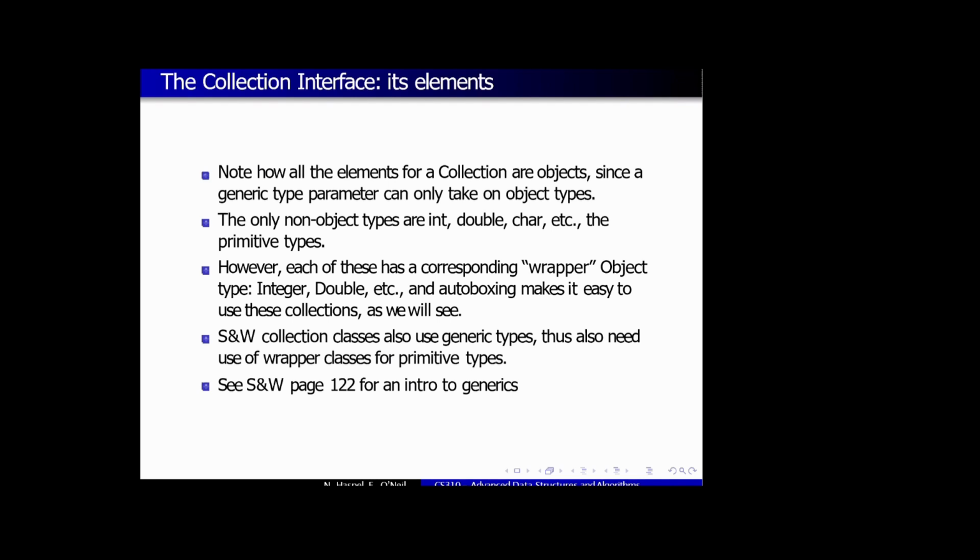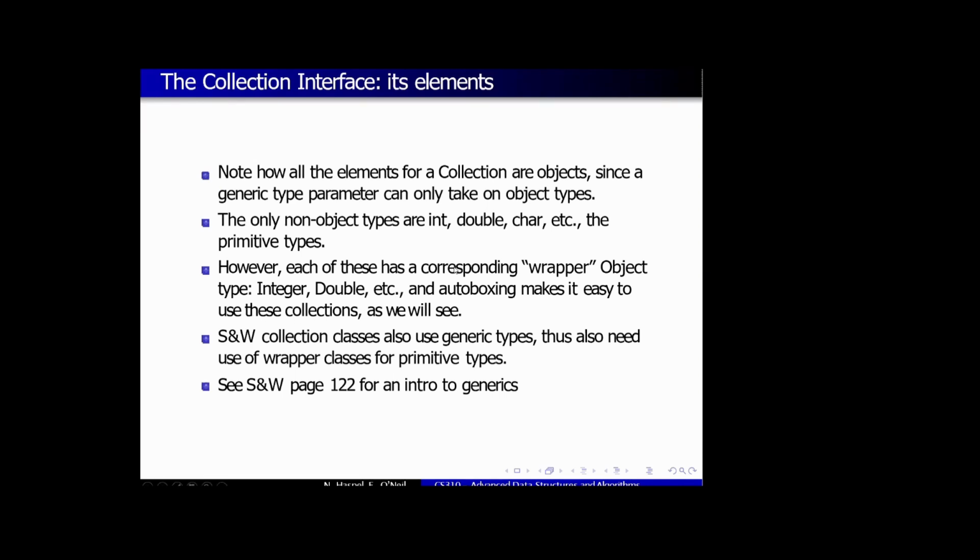In that case, we just use those wrapper objects: capital I Integer, capital D Double, and use the collection. So it turns out it's pretty easy to do, and it is pretty much a solution to the problem of holding collections.